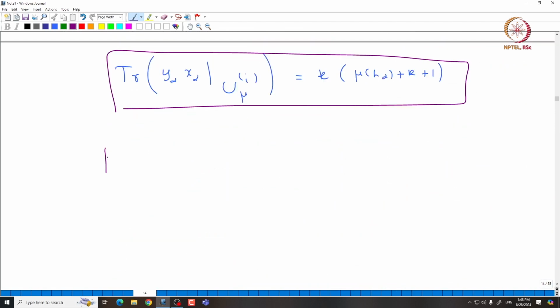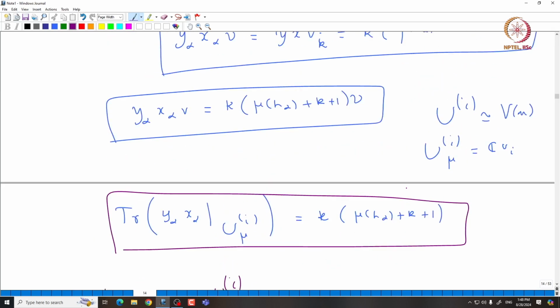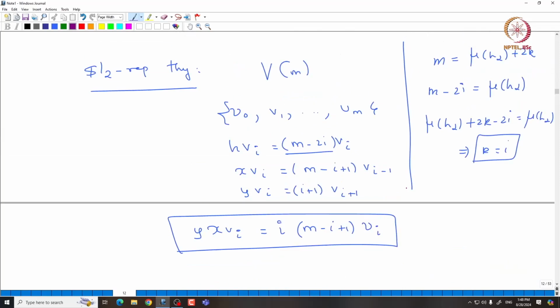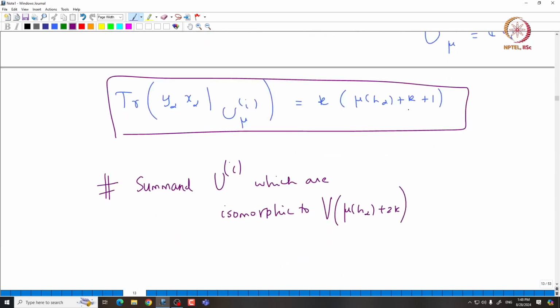So, it is not hard to see that the number of summands Ui which are isomorphic to V of mu plus h alpha plus 2k, that is the highest weight we are talking about, that is the m that we have, is going to be exactly given by, one can calculate, the multiplicity of mu of h alpha plus 2k and the multiplicity of mu of h alpha plus 2k plus 1.